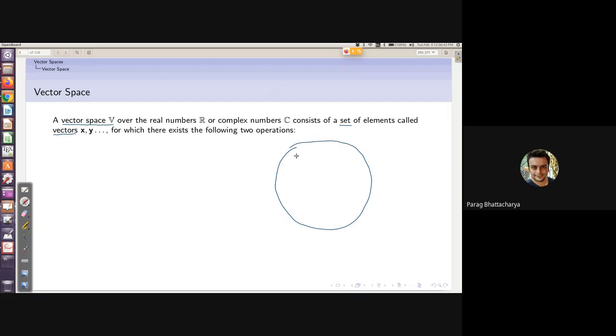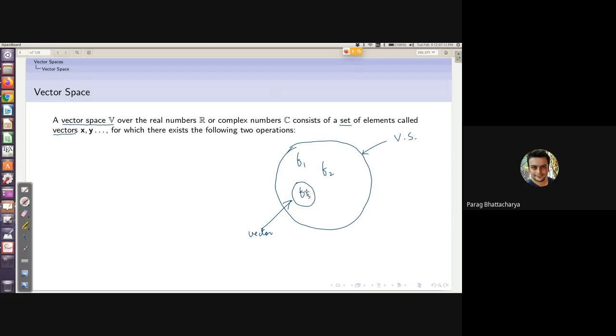In this set we had one function f1, another function f2, another function f3. Each of these elements is known as a vector, and this is the vector space.